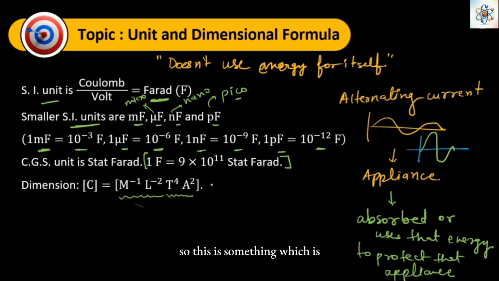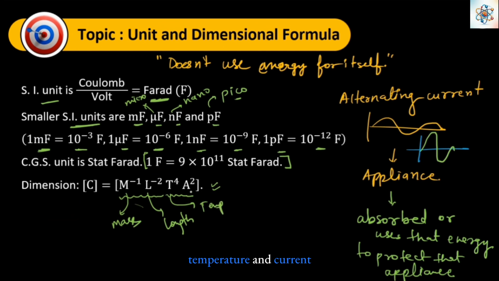All right then. So for every quantity we define, we can represent it in terms of the seven fundamental quantities, which are being used here also, like mass, length, temperature, and current.